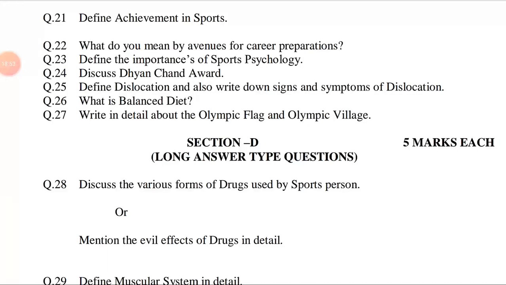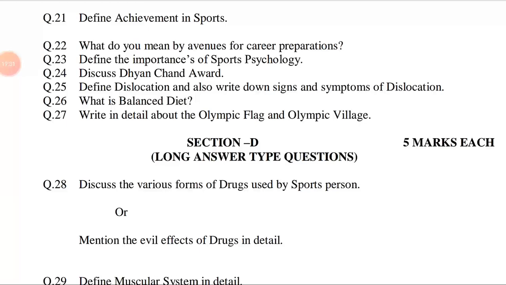Question number 23. Define the importance of sports psychology. This question is related to chapter number 3, psychological aspects of physical education. Define means explain, state, establish. Importance means significance, great, worth, value. Sports psychology.